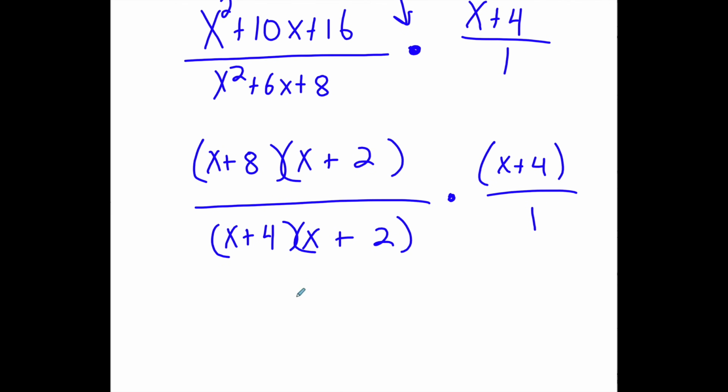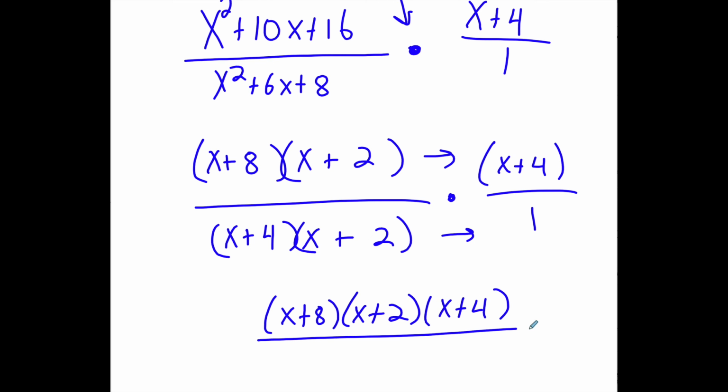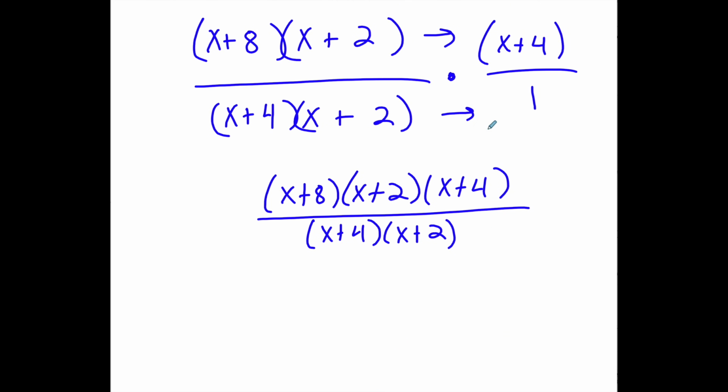Okay, and now I'm going to multiply across the tops and the bottoms, so I've got x plus 8, x plus 2, x plus 4, and then on the bottom, x plus 4, x plus 2, and we're going to ignore the 1, right? Because when you multiply by 1, you get the same thing.